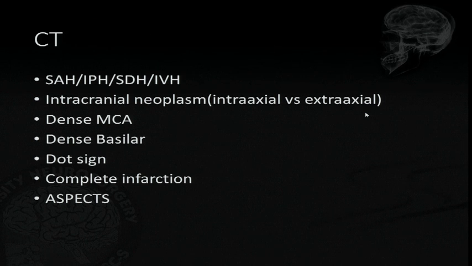Again, it depends on your neurologist if they do want to give it or they don't. You look for your dense MCA, your dense basilar artery, your dot sign on the MCA, complete infarction, which is that 1/3 of the MCA territory, and lastly, you look at your ASPECTS.